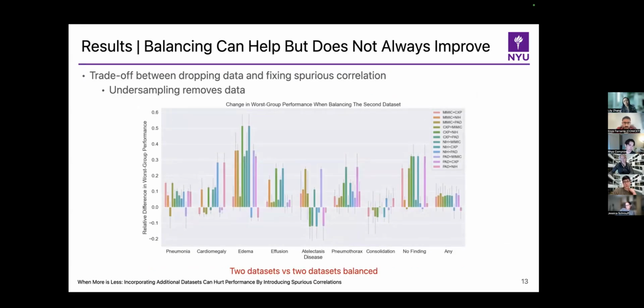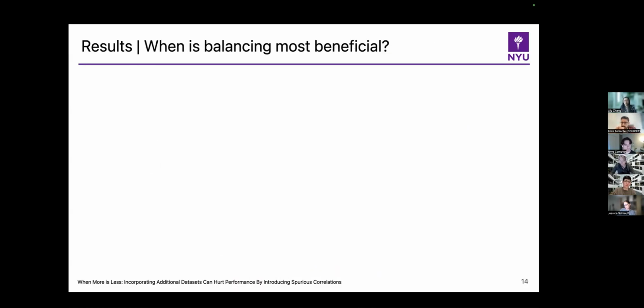So what this plot here shows is the relative difference in performance between training on two data sets and training on two data sets after balancing. So you can see, most of the time it is better to train on two data sets after balancing, but you're obviously dropping data, and so some of the time this isn't a beneficial change to be made.